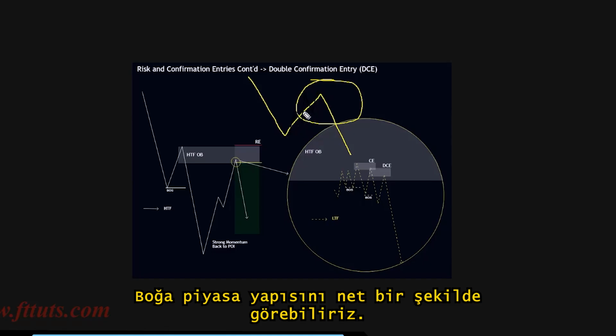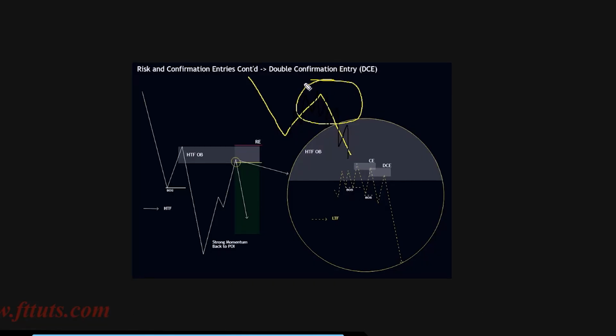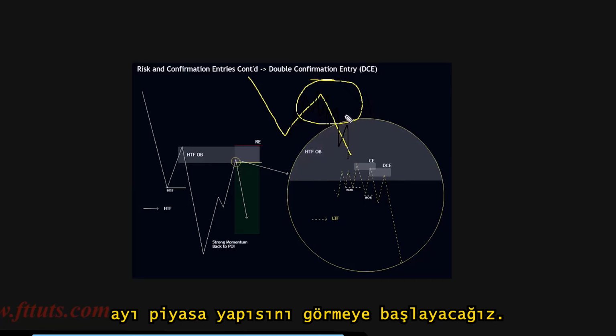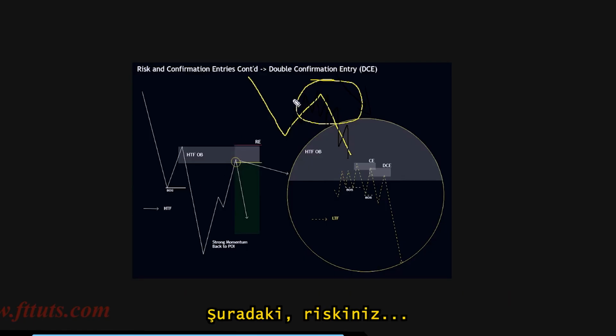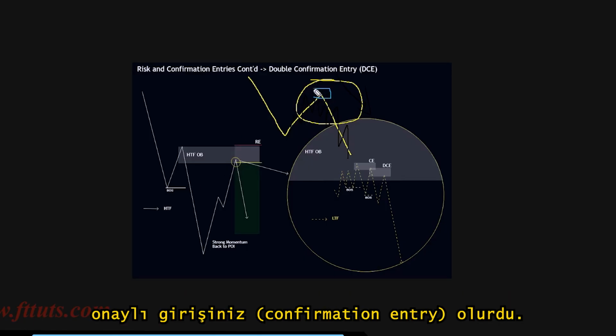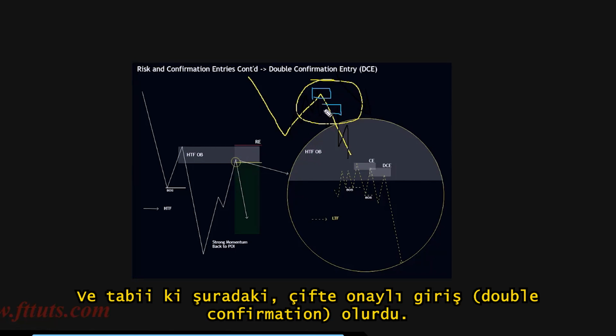We can clearly see bullish market structure, and then we're going to start seeing bearish market structure on the lower time frame to continue with this higher time frame bearish move. So there's going to be multiple entry points, multiple opportunities for us to enter. This over here would be your risk, your confirmation entry. And of course, this over here would be your double confirmation entry.